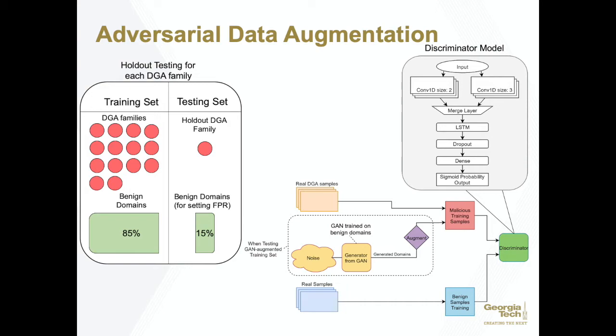We perform 10 runs for each DGA family, and in each of these runs we train 2 identical models with the same base training and testing set. But we augment the training set of one of these models with GAN-generated domains as additional examples of DGA domains.